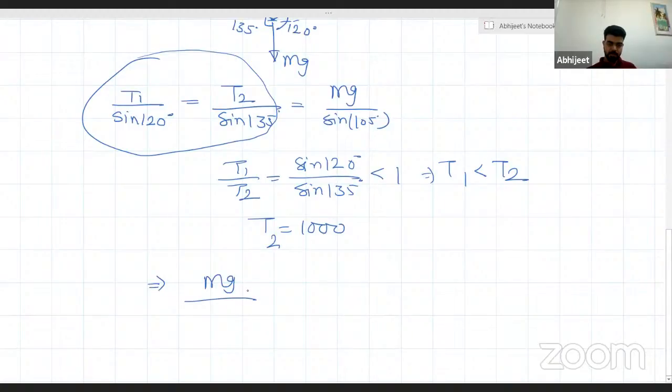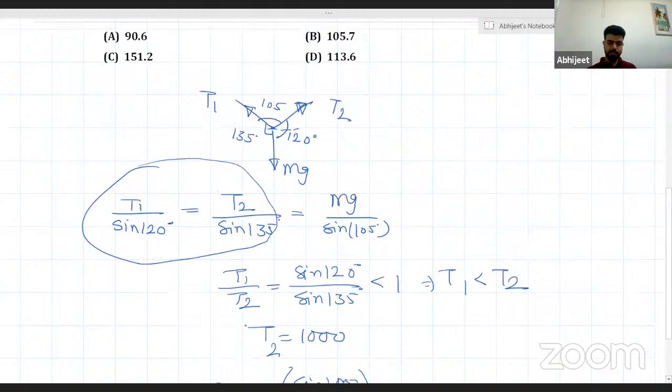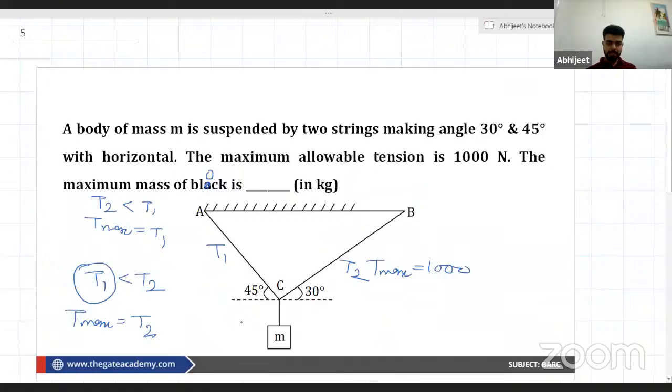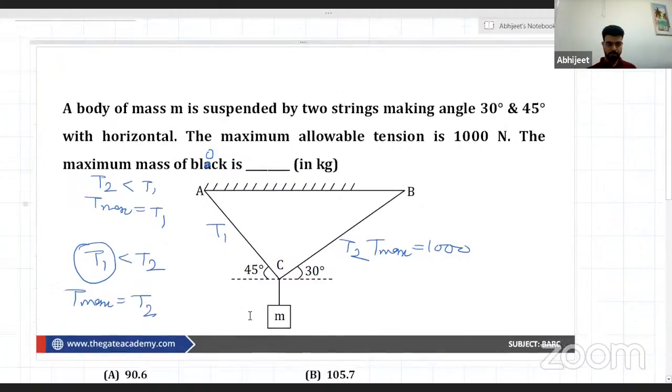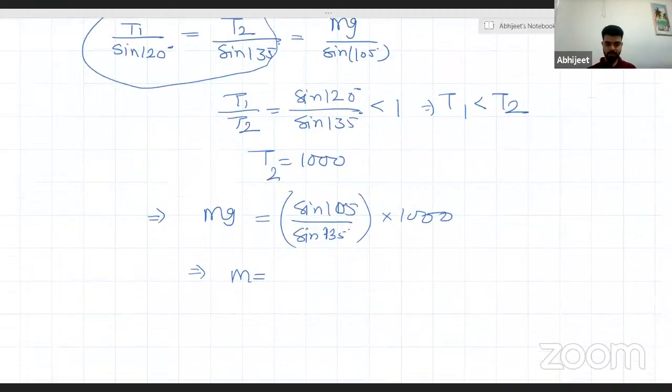So it is nothing but sine 105 divided by sine 135, this is the ratio we are having, into 1000. So m is equal to how much? g is given; we can take 9.8 if not given. Okay, let us take it as it is and solve it.